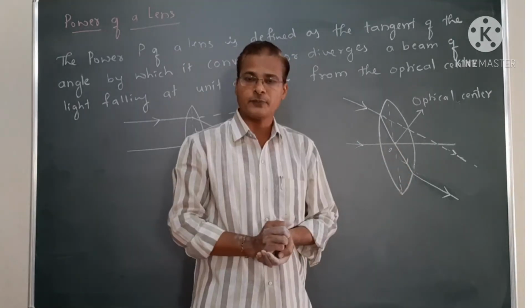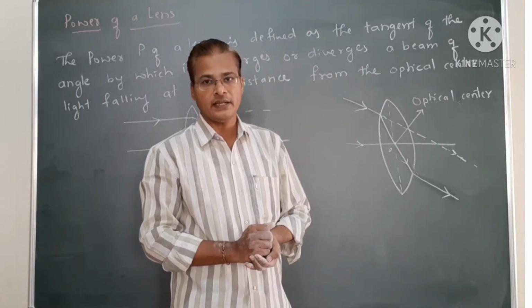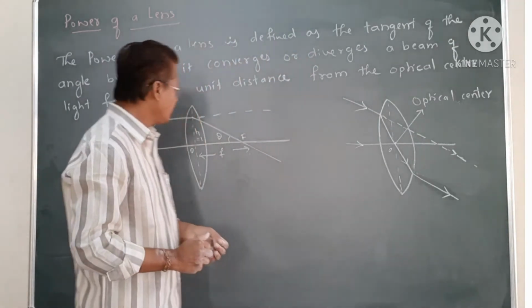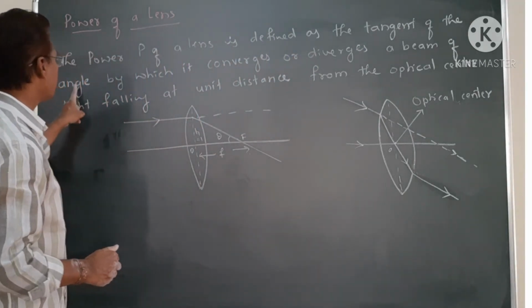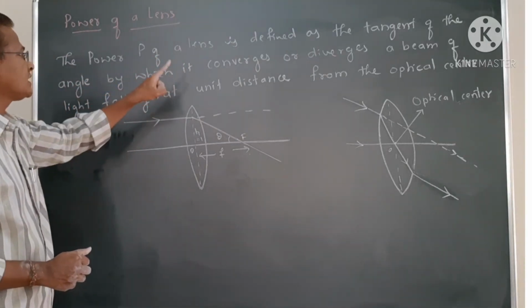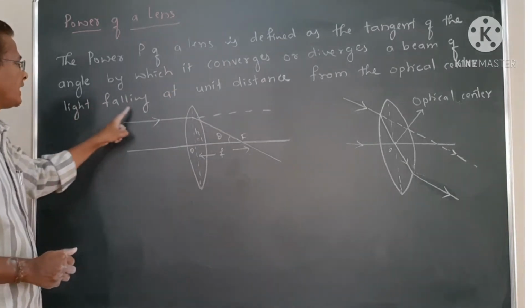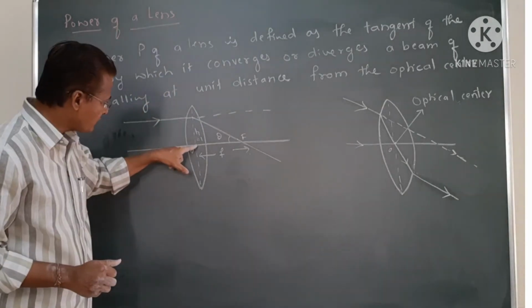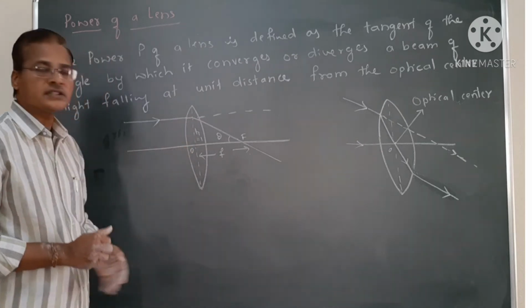That point we are going to call the optical center. So the power of a lens is defined as the tangent of the angle by which it converges or diverges a beam of light falling at a unit distance from the optical center.